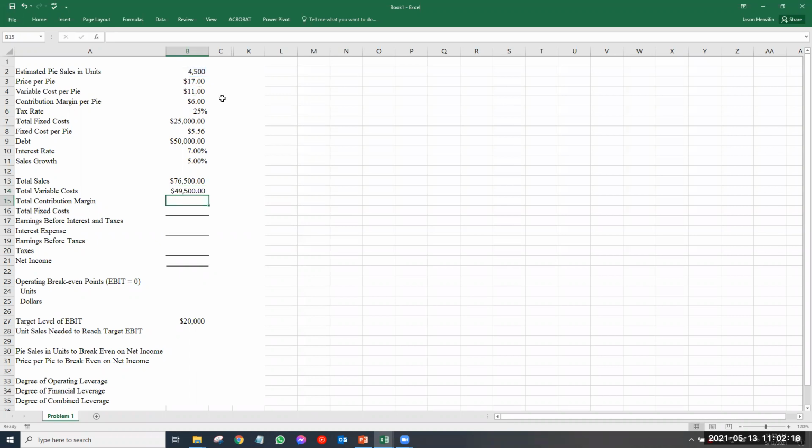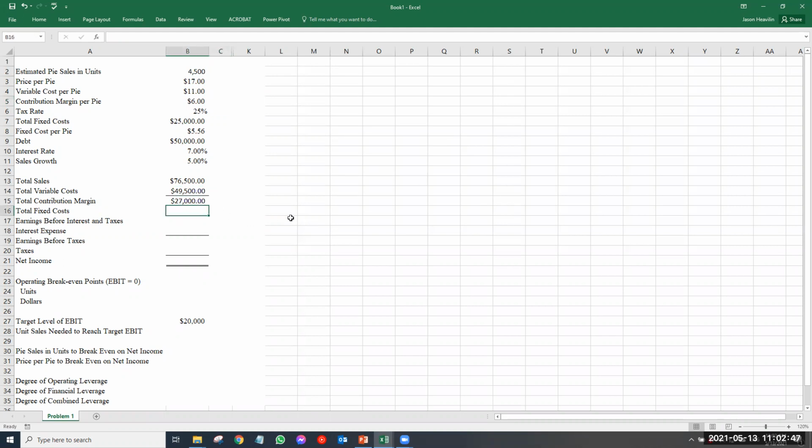So what's our total contribution margin? We take our sales minus our total variable cost, and that is our total contribution margin. Just for quick practice, this number could have been achieved by taking the contribution margin per pie and multiplying it by the total pies sold, and you get the same 27,000.